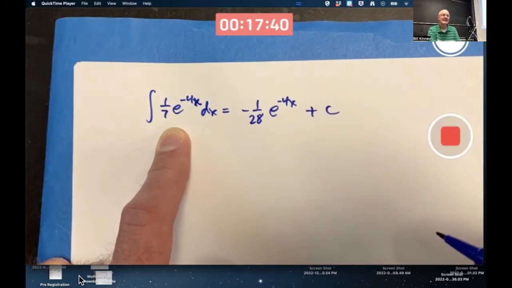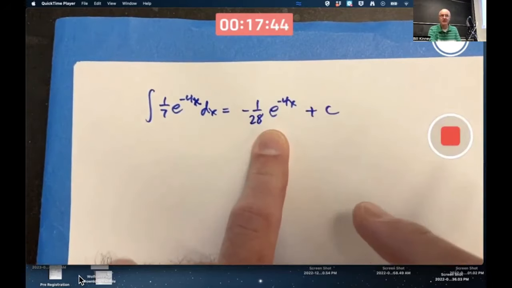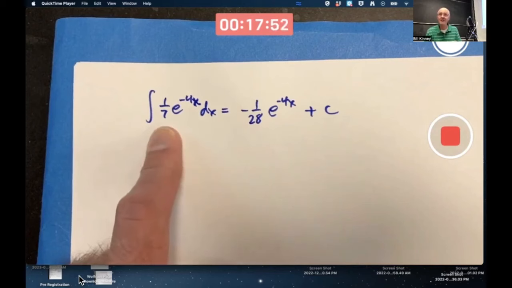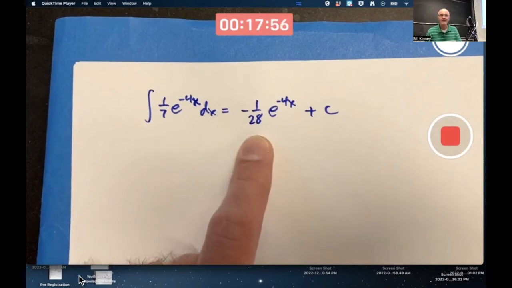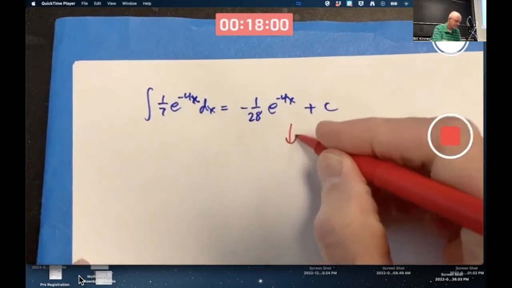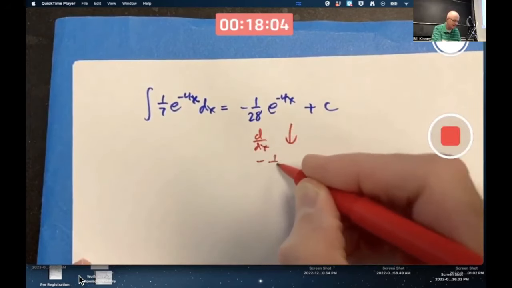Why? Because when I differentiate this, the chain rule gives an extra factor of negative 4. So to compensate for that, I had to take 1/7 and divide by negative 4. That's negative 1/28. Check it. Always check it. Take the derivative with respect to x.